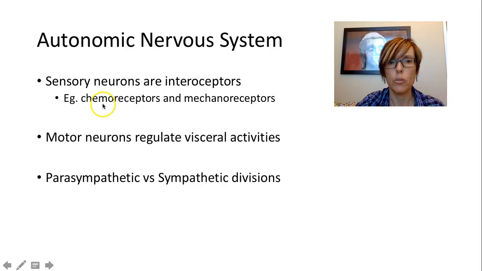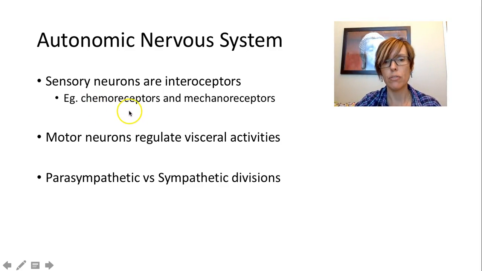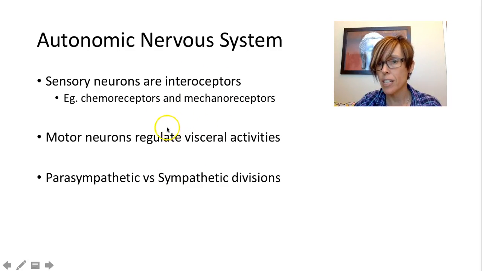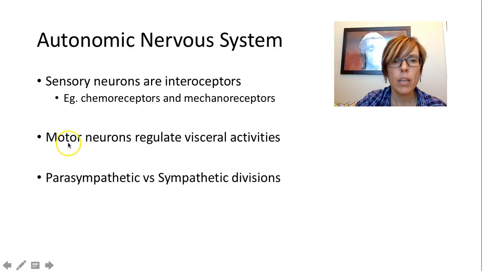For example, you have just eaten food, and it sends information like, oh, you've just eaten food. Or a mechanoreceptor: you've just eaten food, your stomach stretches, and that sends information to the brain like, oh, we're full. All of those are interoreceptors, again, information about our internal environment. It can be different things like blood pressure as well. Yeah, blood pressure is a good one.